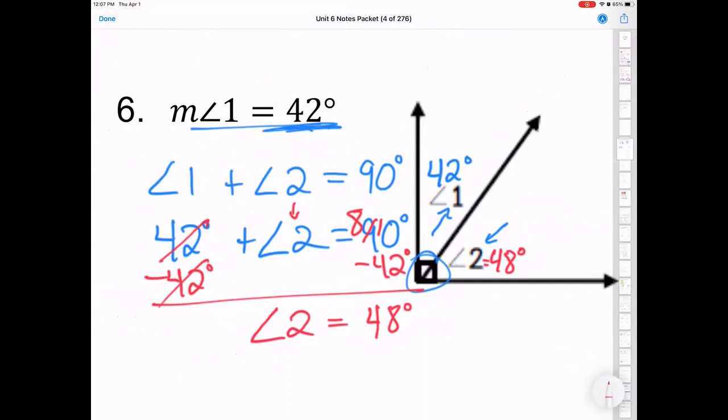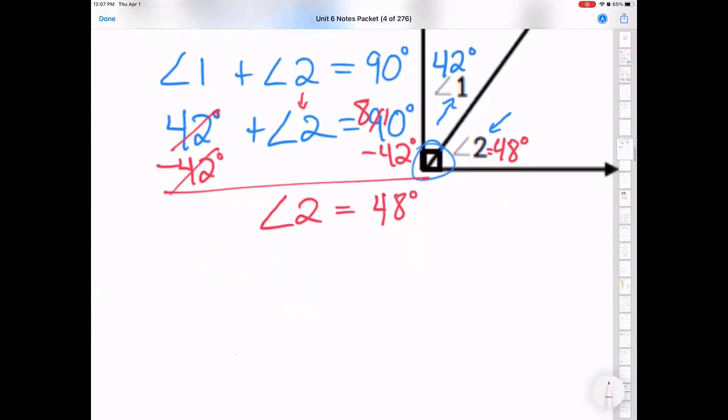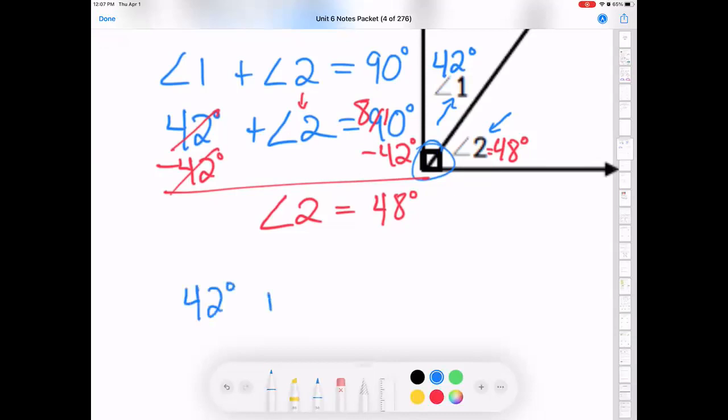Okay. But as always, we do check them just to verify and make sure we got everything correct. So if I take my 2 angle measures, 42 degrees, plus my 48 degrees, do I get a grand total of 90 of them? So 42 plus 48. 0, carry the 1. 4 plus 4 plus 1.